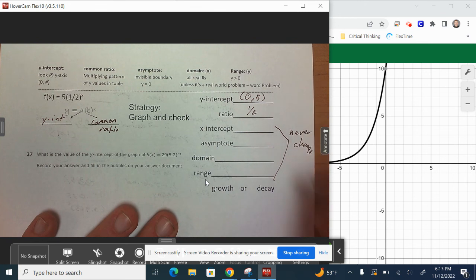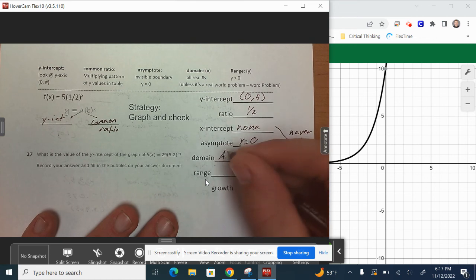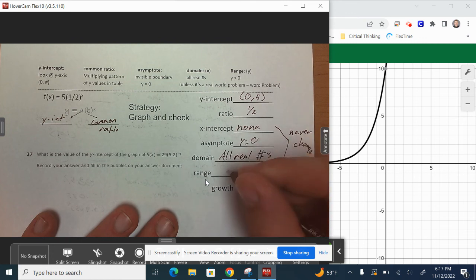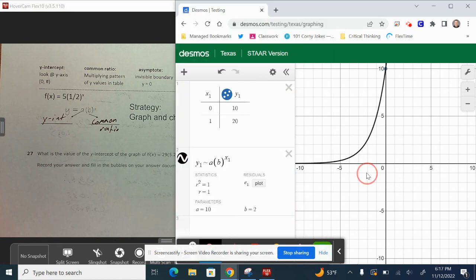They don't. X-intercept, we don't have any. Asymptote, always, y equals 0. Domain, always, all real numbers. Range, y greater than 0. The way we check for the growth or decay, graph it real quick.